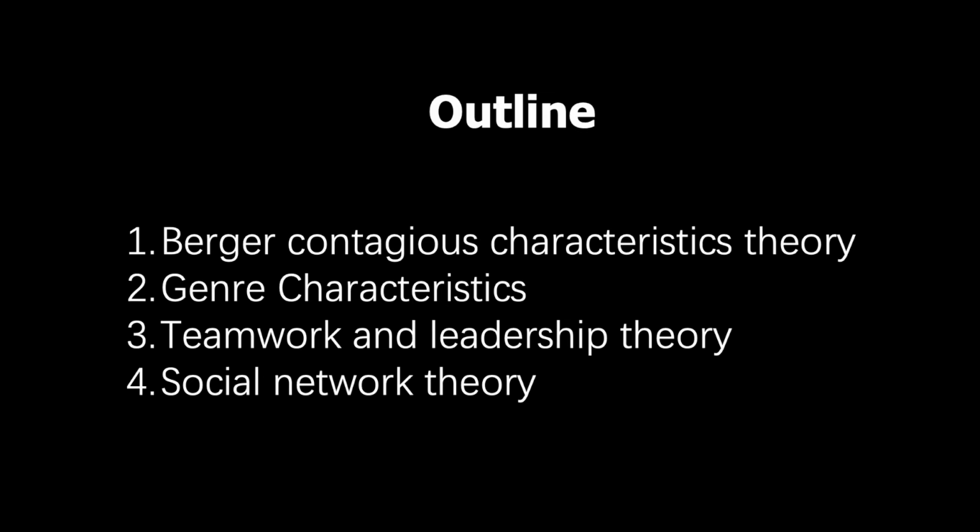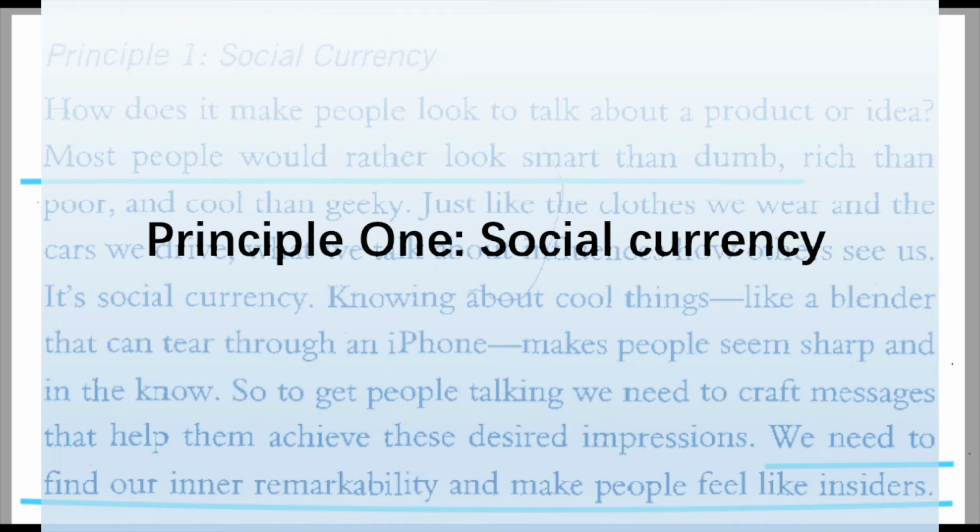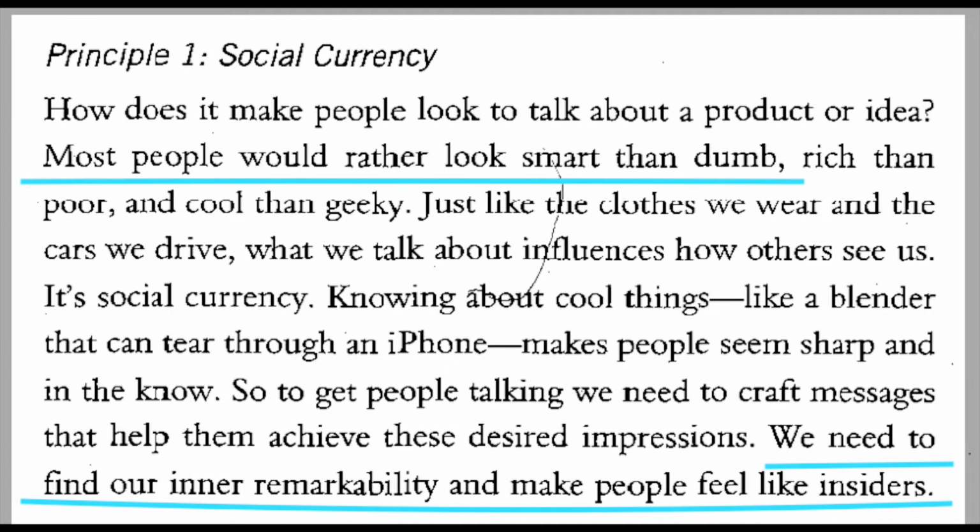Okay, let's start. In Berger's contagious characteristics theory, the STEPPS framework is crucial, including 6 elements. Principle 1. Social currency. Most people would rather look smart than dumb, so we need to find our inner remarkability and make people feel like insiders.